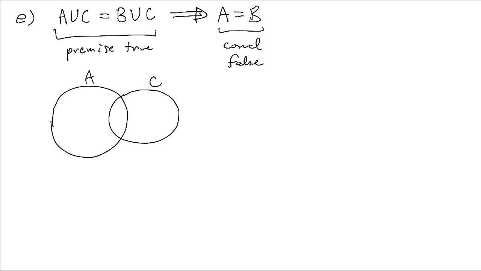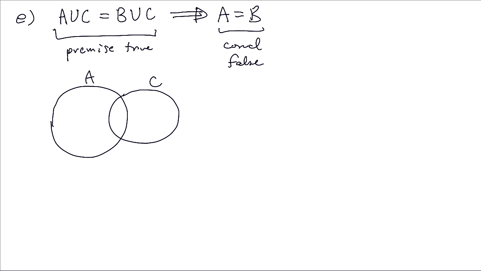Now A union C is both of them together, and B union C has to equal A union C, huh? Boy, if we make A and B equal, that sure would be nice, but that's not what we're trying to do. Let me think here. And don't be surprised if you have to sit and think about it for a minute.